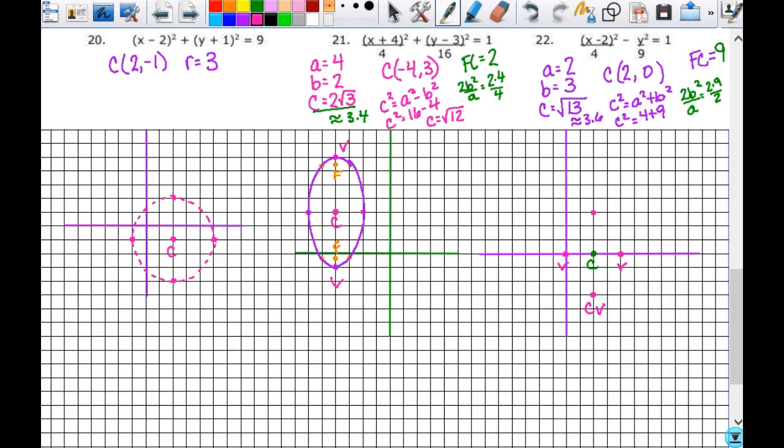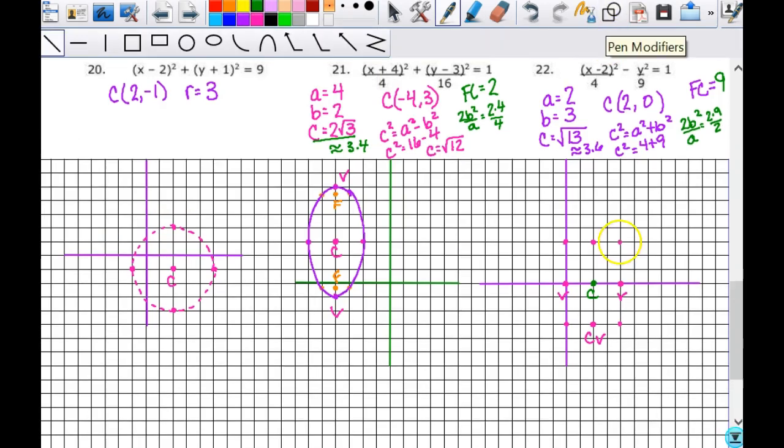Now, I need to get in my asymptotes. So there's this rectangle here, which you can draw in if you want, but sometimes that's a little bit too much. You at least need to get the corners of the rectangle, which is really easy to do once you have the vertices and covertices on there. Then you just dot your lines. I'm not going to dot mine because when my pen's all off, it just does not come out very well.